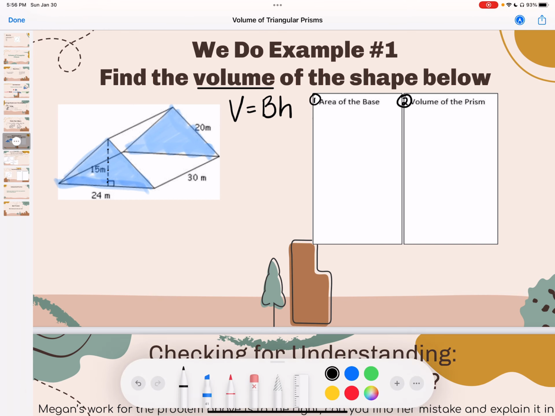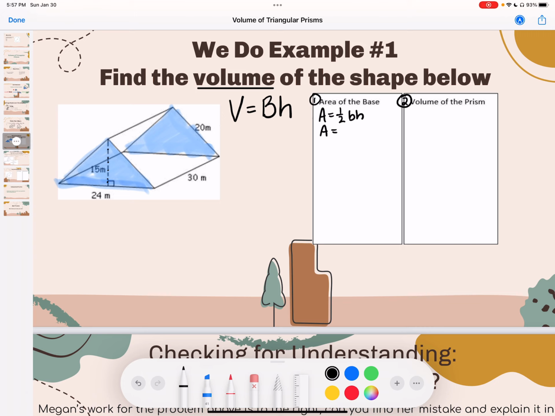So A equals 1/2 BH. I can't change A because that's part of what I'm looking for. I don't have the area yet, so I'm just going to bring it down. 1/2 is part of the formula, so I'm going to bring that down.